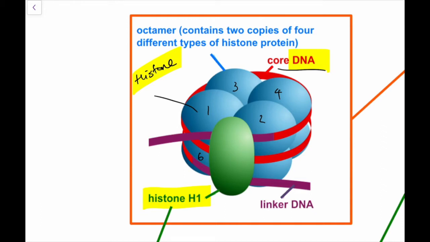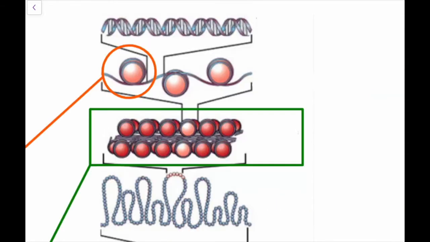And so what this creates is a fiber. So if we zoom in here we see DNA wrapped around those 8 histone proteins with a linker, and then we get them wrapping up, and overall, you can see it's kind of like a layer of 2.